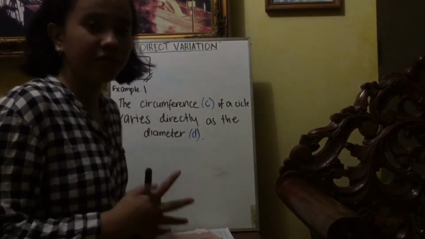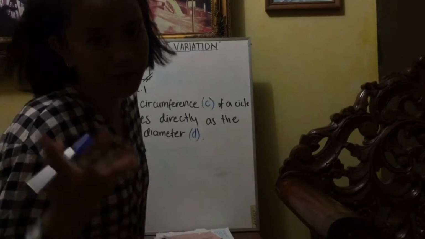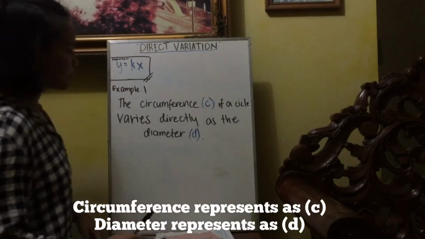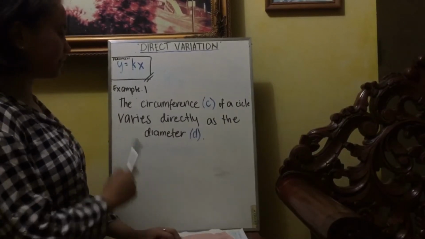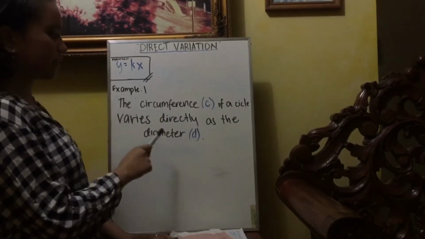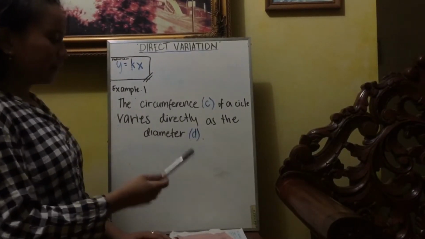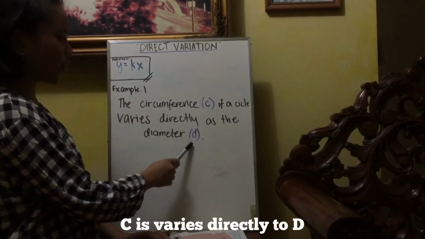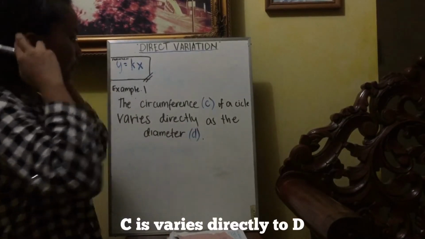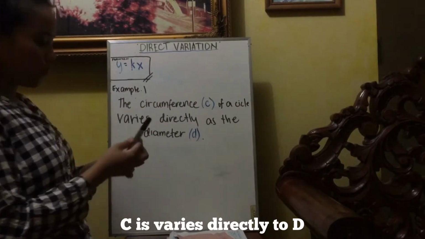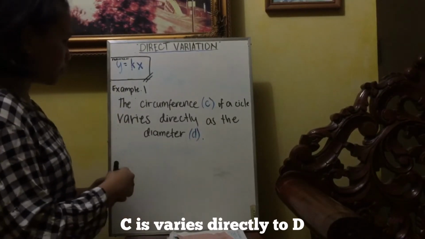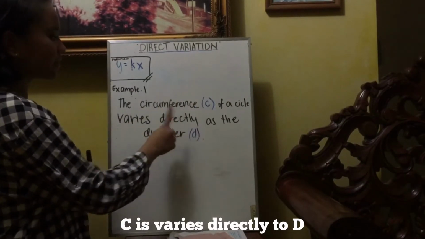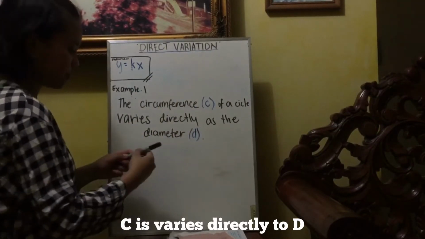These are the examples of direct variation. Example number 1: The circumference C of a circle varies directly as the diameter d. These will be the two variables. First, we make the two variables directly proportional, so C varies directly to d.